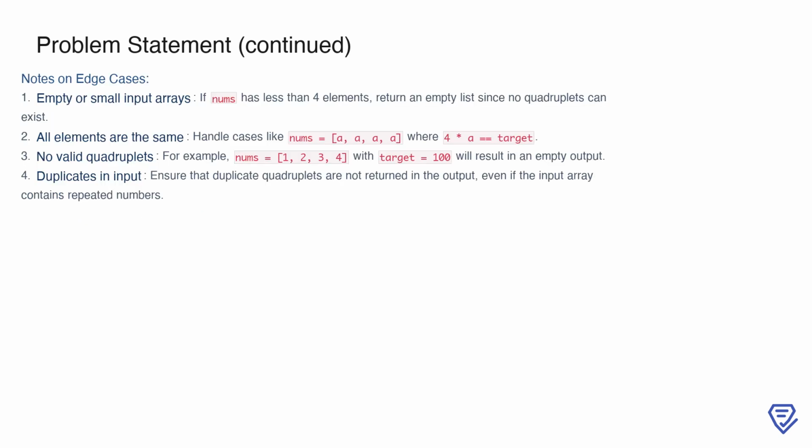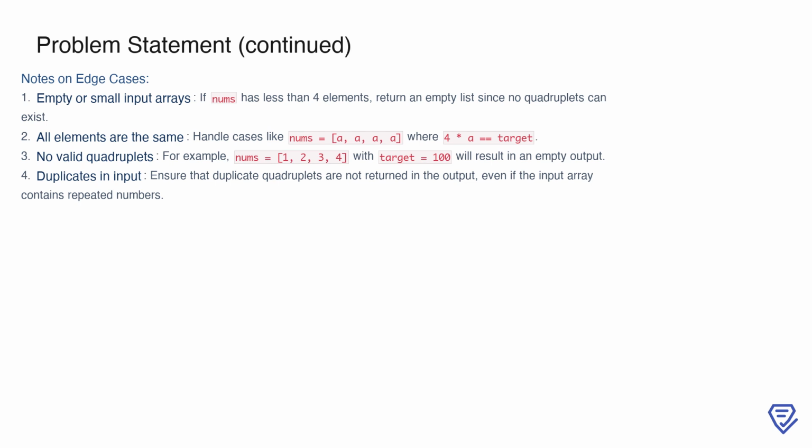Finally, let's consider some edge cases that might arise when solving this problem. First, if the input array nums has fewer than 4 elements, it's impossible to find a quadruplet, so the output should simply be an empty list. Second, if all elements in the array are the same, such as nums equals A, and 4 times A equals the target, the output should include just one quadruplet, A, A, A, A. Third, if no valid quadruplets exist, like in the case of nums equals 1, 2, 3, 4, with target equals 100, the output should also be an empty list.